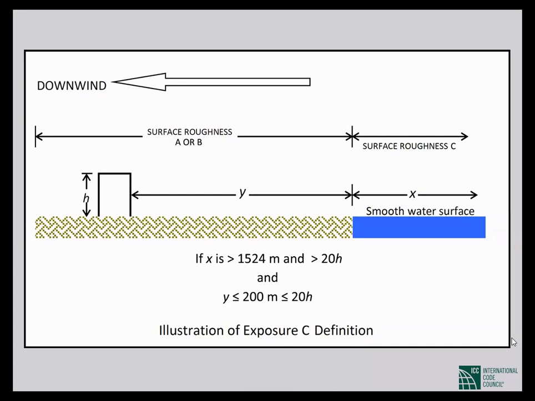And so when the building was designed, this Y distance was 200 meters or 10 times the building height. And the 10 times the building height distance meant that this building could be designed for exposure B and not C. But when that distance became 20 times the building height, the exposure became C rather than B. And designing for exposure C rather than B is a huge deal.